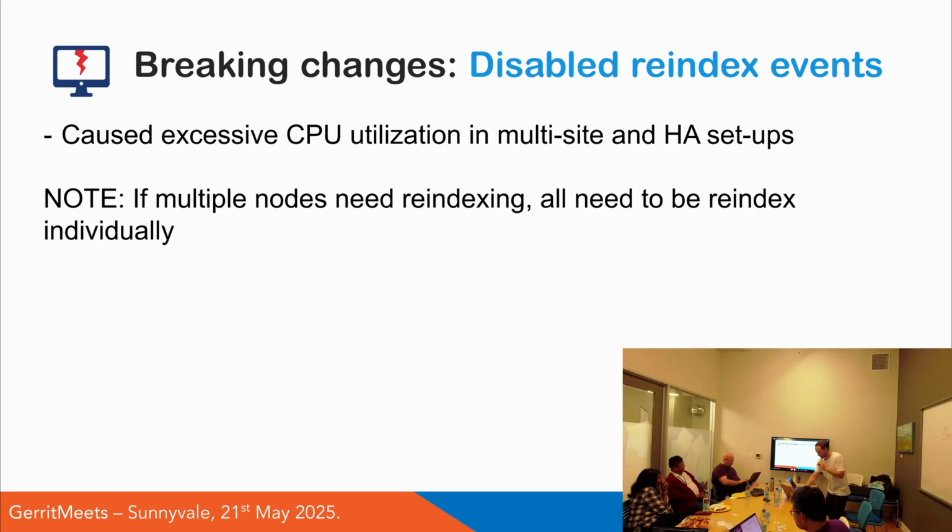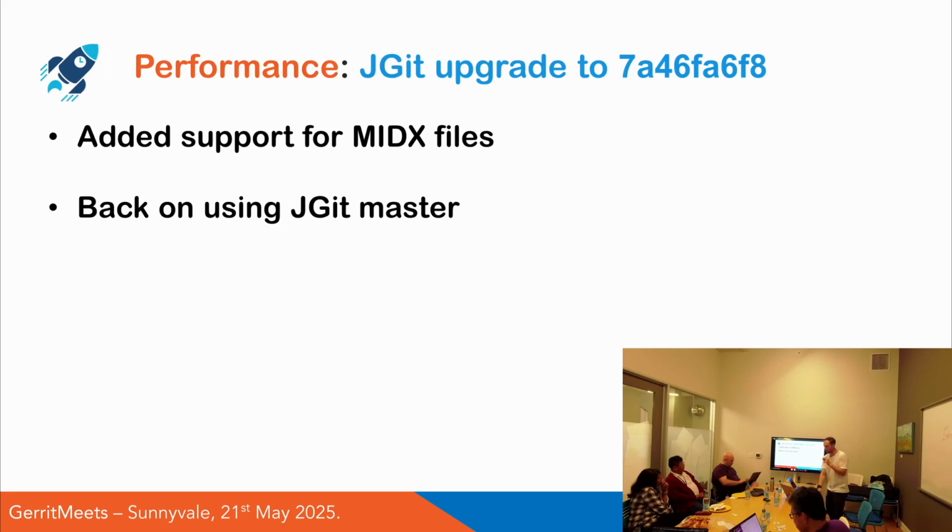And then finally, for JGit upgrades, we've added support for multi-pack-index files. This was actually a guy from Google that did this. Super excited to have this in JGit finally, and I plan on using it soon. And then finally, Gerrit is back on using JGit master.